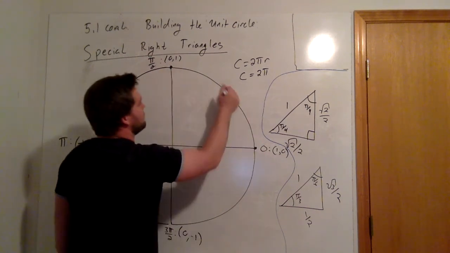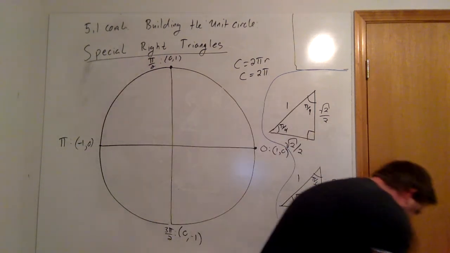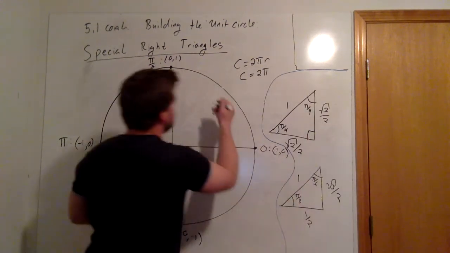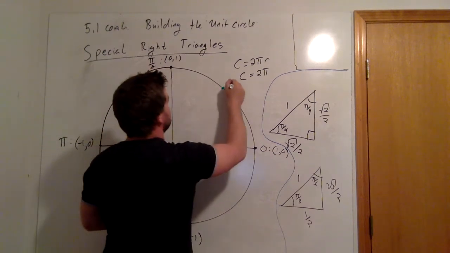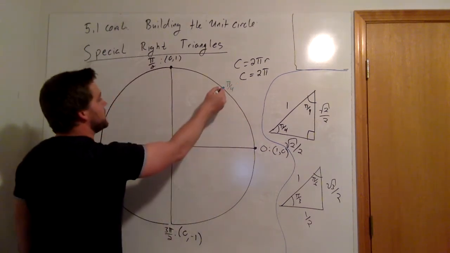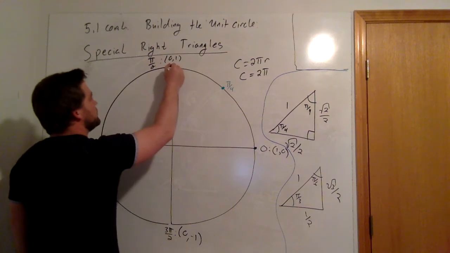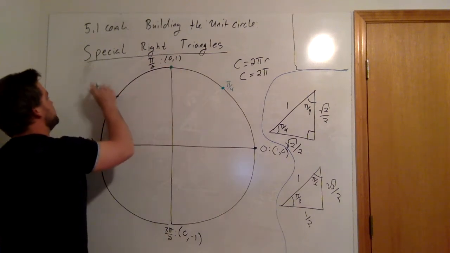So here's an increment of 1 pi over 4. This means I've traveled a distance of pi over 4 around the circle. So there's 1 increment of pi over 4. This would be 2 increments of pi over 4. This would be 3 increments of pi over 4.